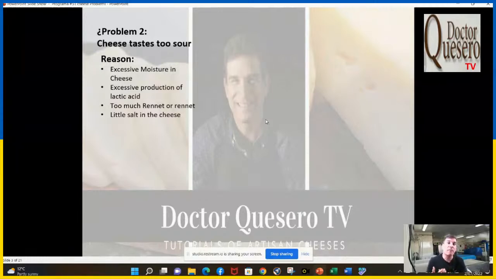For example, if you are making queso fresco, a cheese that has a low level of salt, 1%, half percent, 2%, but you use too much rennet, your cheese will be bitter, and you can mask the bitterness of the cheese by increasing the amount of salt. So this is one way that you can mask the bitterness.